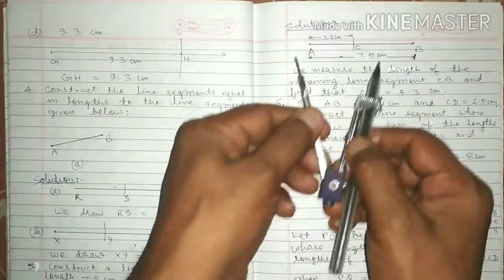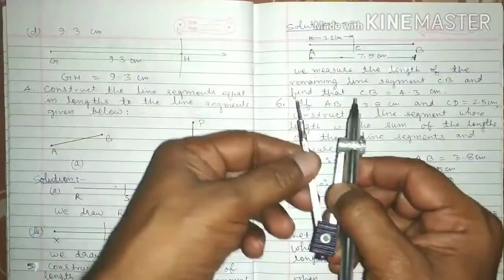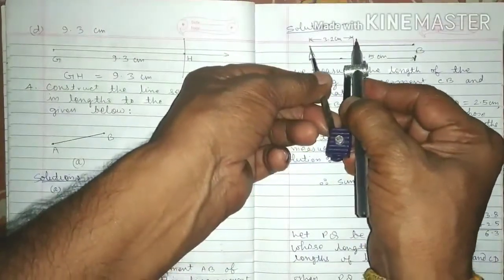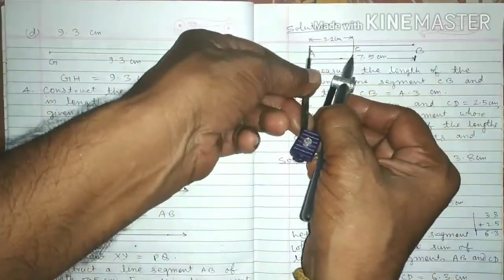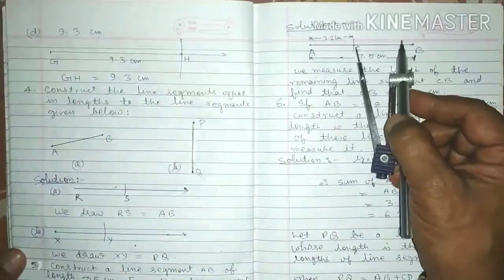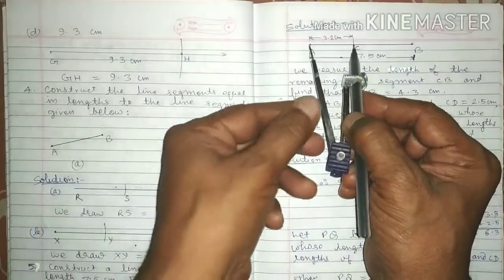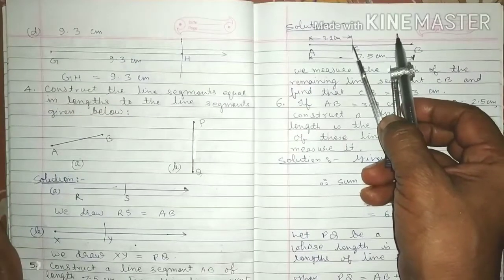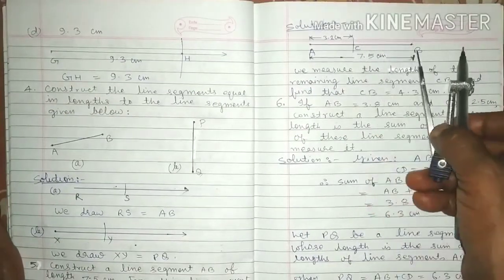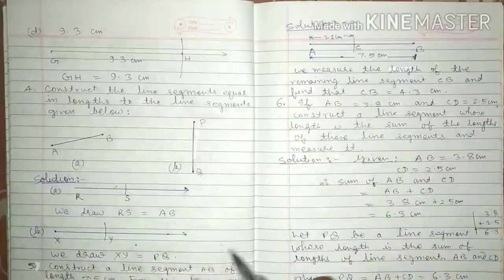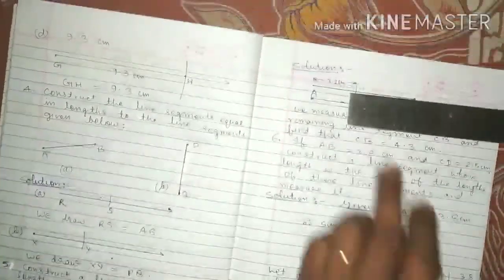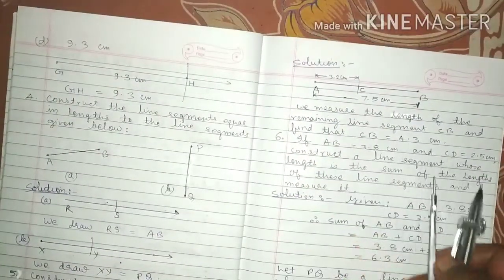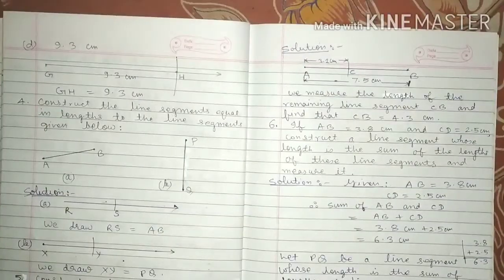We cut AC equal to 3.2 centimeter by putting the end of the compass at A and drawing an arc of 3.2 centimeter which cuts the line segment AB at C. Now we measure the remaining line segment CB and we see that CB is equal to 4.3 centimeter. This is the answer of question number 5.